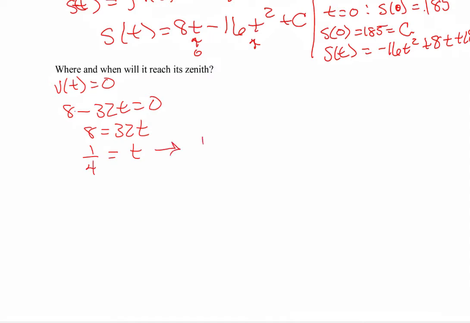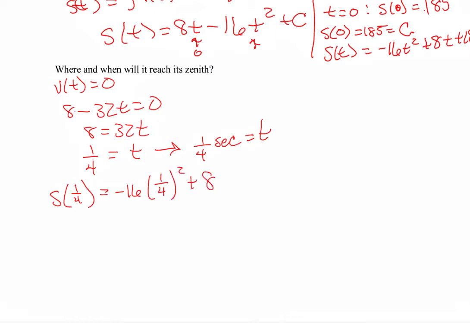So that tells us 1/4 of a second is when we're at our highest point. So now, what is s of 1/4? So that's negative 16 times 1/4 squared plus 8 times 1/4 plus 185, which equals 186.